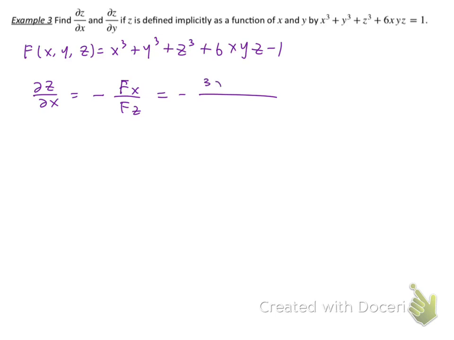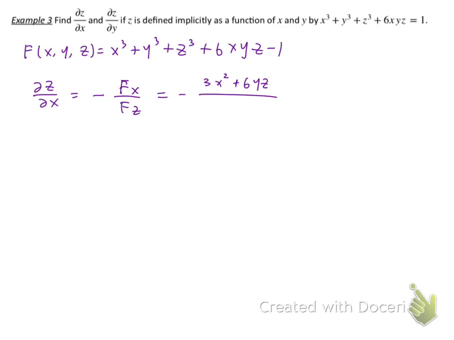Fx is 3x squared. And now remember, they are all just same variables. So when you take derivative with respect to capital F, z is not a function anymore. Z is constant. So I'm having only the 3x squared from x cubed, and y cubed gives me 0, z cubed gives me 0, and this 6xyz term would give me plus 6yz.